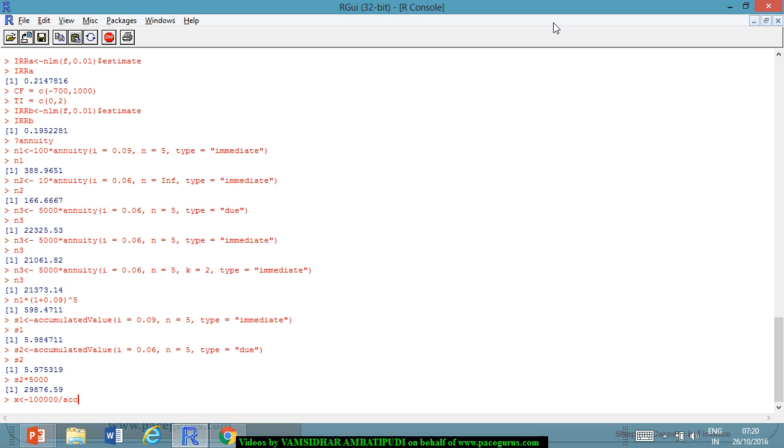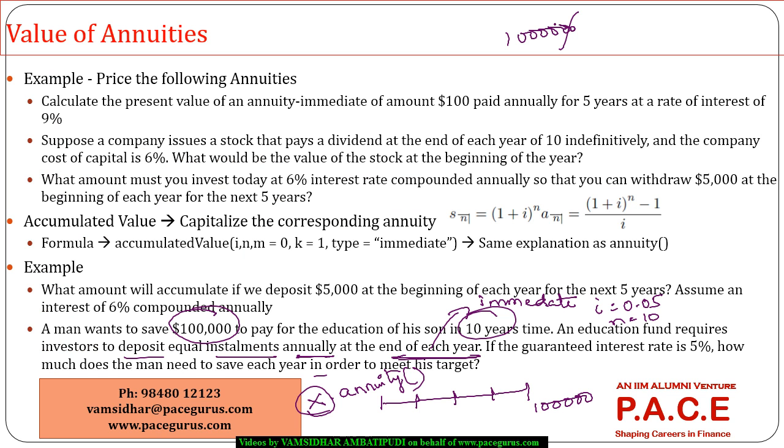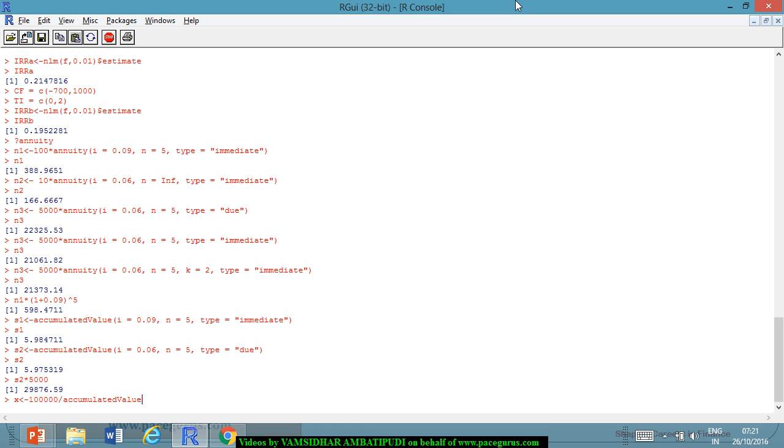So let me take the accumulated value, right? Because this X keeps accumulating to 100,000. So X is 100,000 divided by the accumulated value. We can do it two ways, and I'll show both: one using the accumulated value, two using the annuity as well.